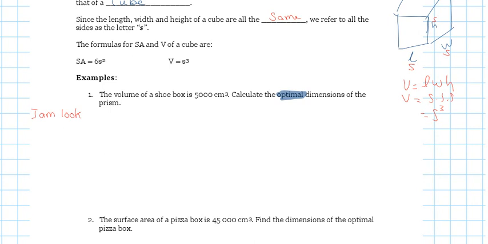So I'm looking for the dimensions that give me the optimal, which means in this case the minimum, surface area. I will not be writing this for every single question.